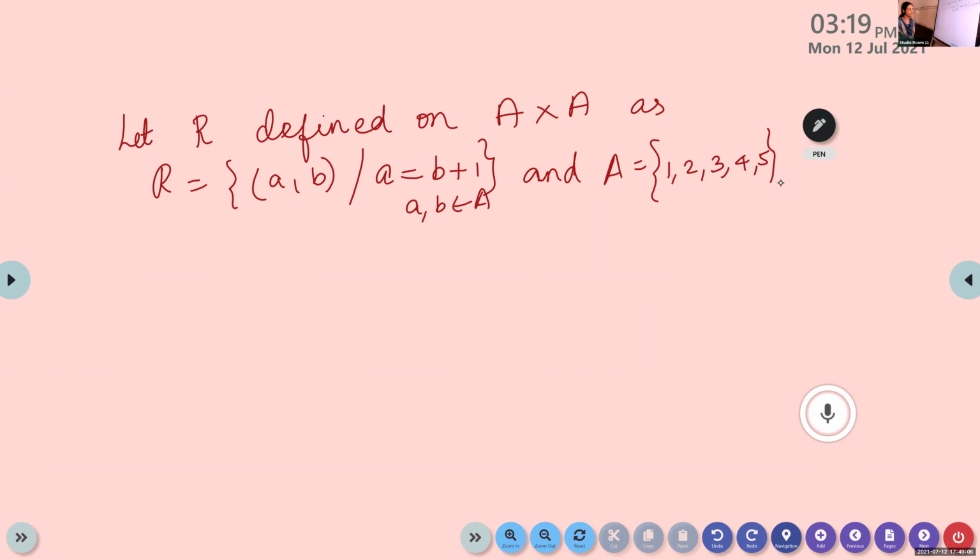Let R be a relation on A cross A, defined as R equal to the set of all ordered pairs (a, b), where a is equal to b plus 1 and a, b belong to A, where A is equal to {1, 2, 3, 4, 5}. Write the elements of R.